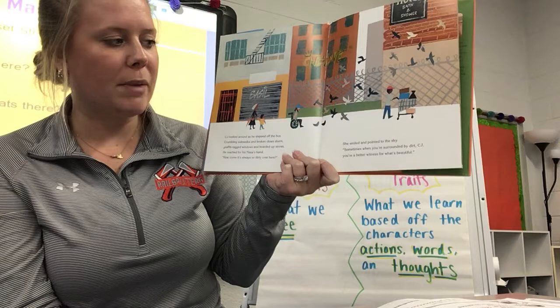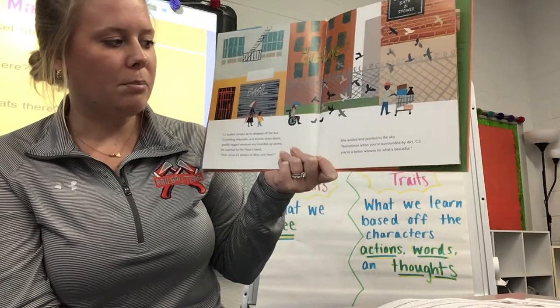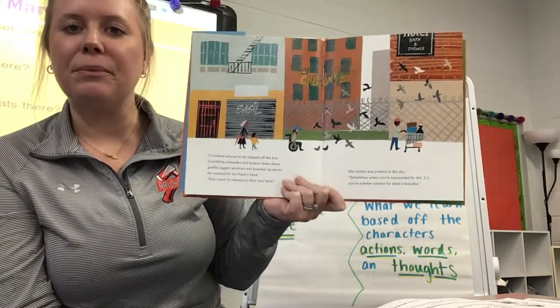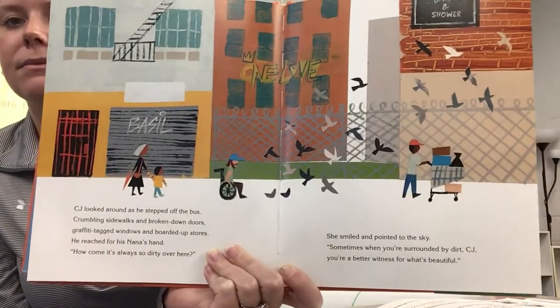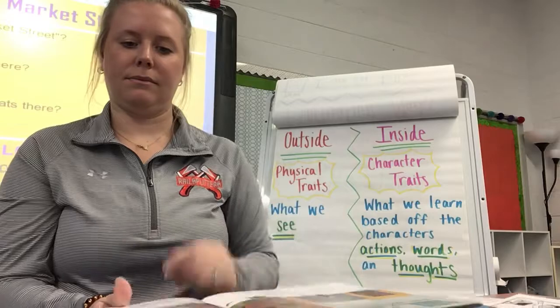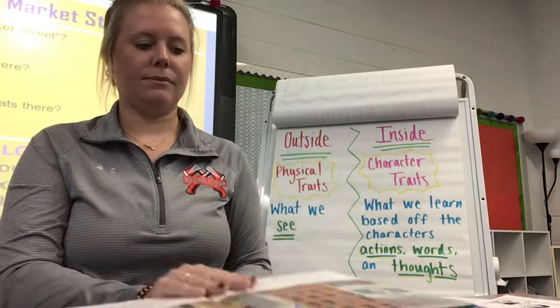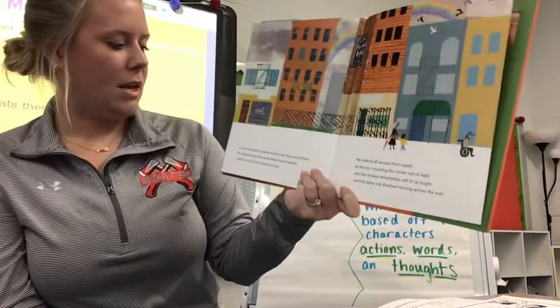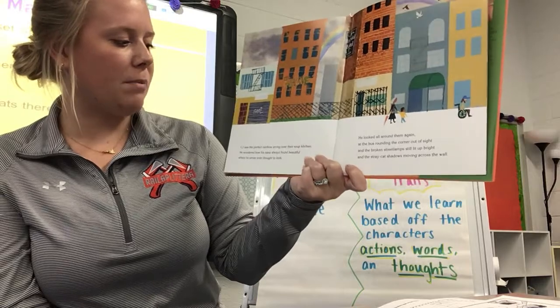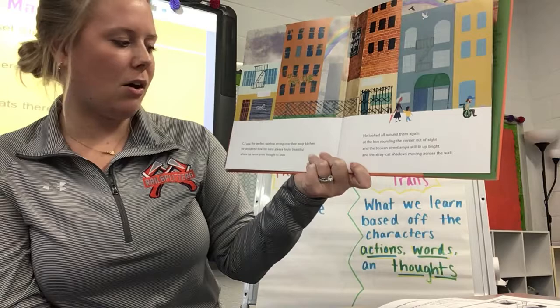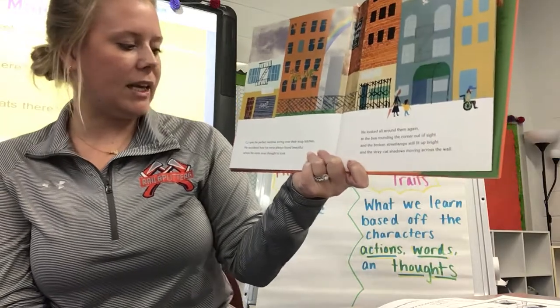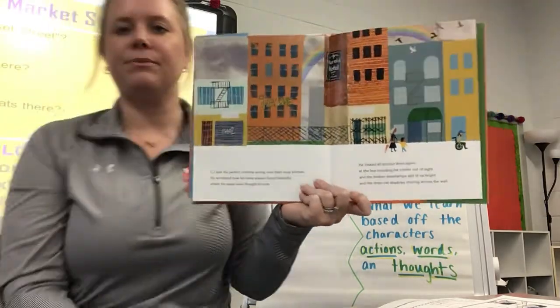Sometimes when you're surrounded by dirt, CJ, you're a better witness for what's beautiful. CJ saw the perfect rainbow arching over the soup kitchen. He wondered how his Nana always found beautiful when he never even thought to look.